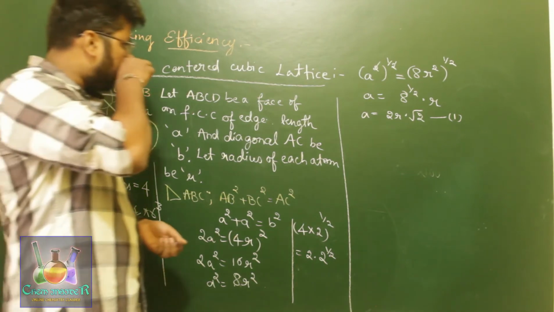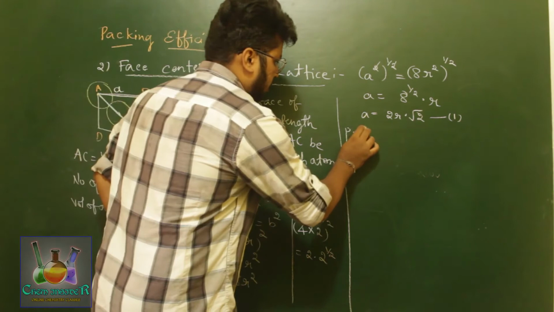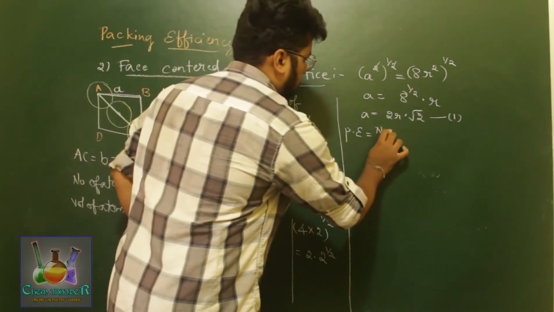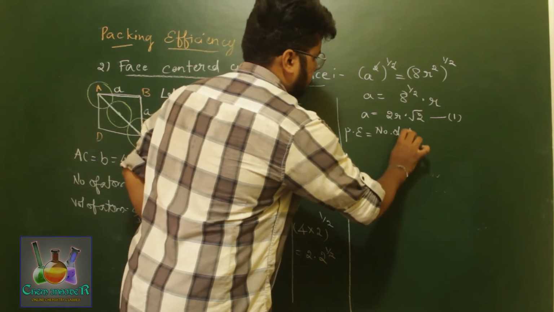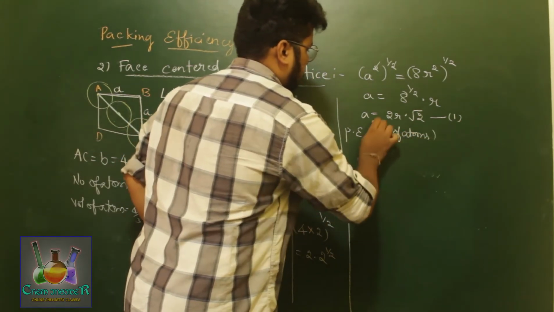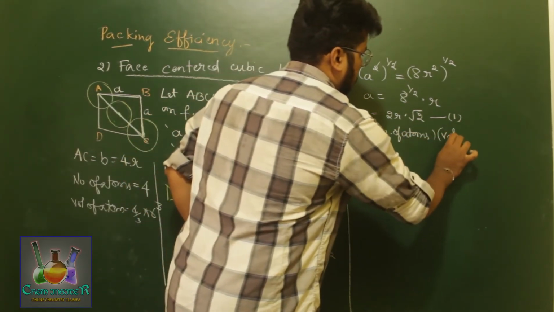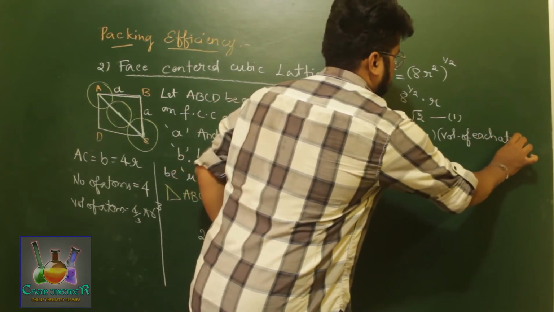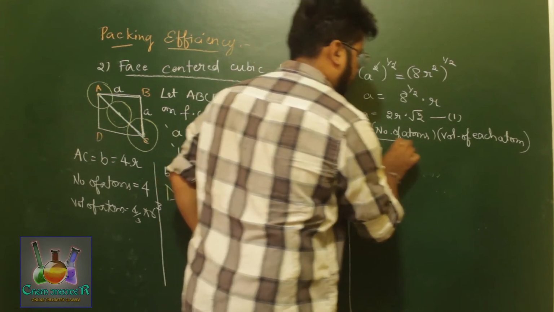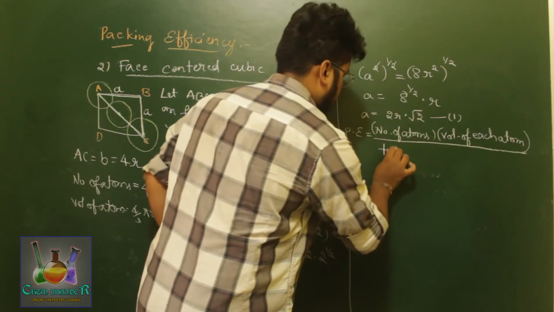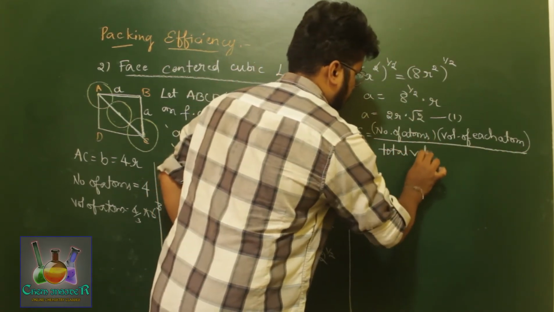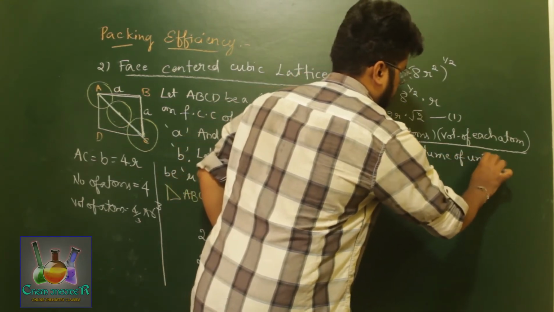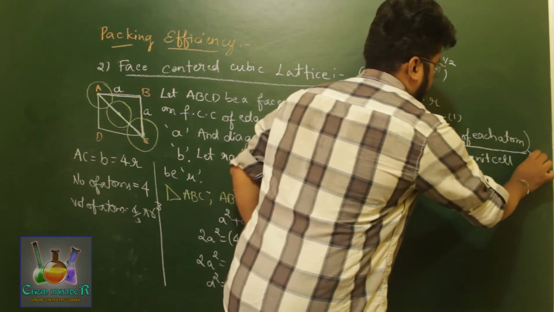Now substituting into the packing efficiency formula, packing efficiency is equal to number of atoms into volume of each atom, divided by total volume of unit cell, into 100.